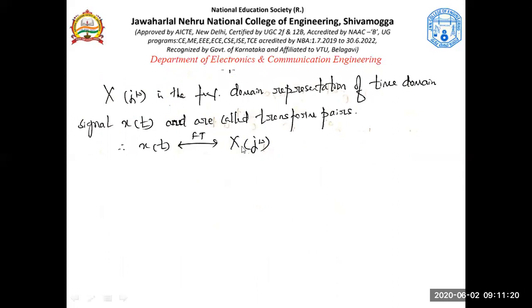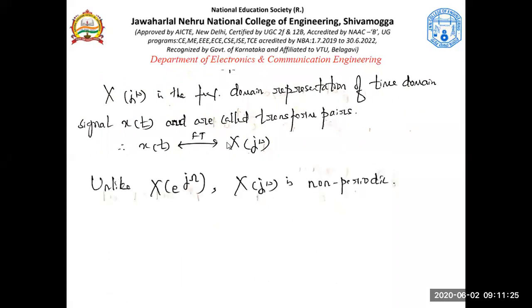Now, unlike X of e power j omega, this is the spectrum in DTFT. This is the DTFT of a signal. This is the FT of a signal. This is the discrete time Fourier transform of a discrete time signal. This is the continuous time Fourier transform of a continuous time signal. So what is the difference between these two? See, X of e power j omega: though x of n was non-periodic, the spectrum of non-periodic x of n was periodic in nature.